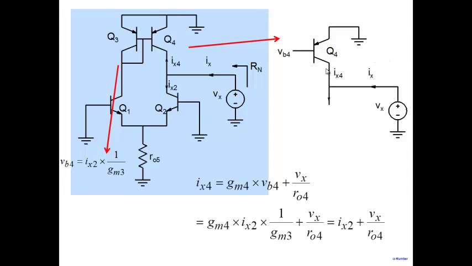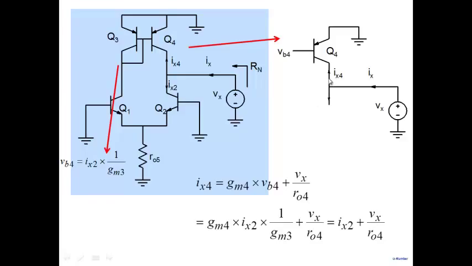Well, you know that when you look at a transistor from the collector side, you see a current which is GM times the V pi plus the collector voltage divided by R0. So it's nothing but the small signal model of Q4, except that VB4 we have calculated, which is given here, and R04 is the output resistance of this particular transistor.